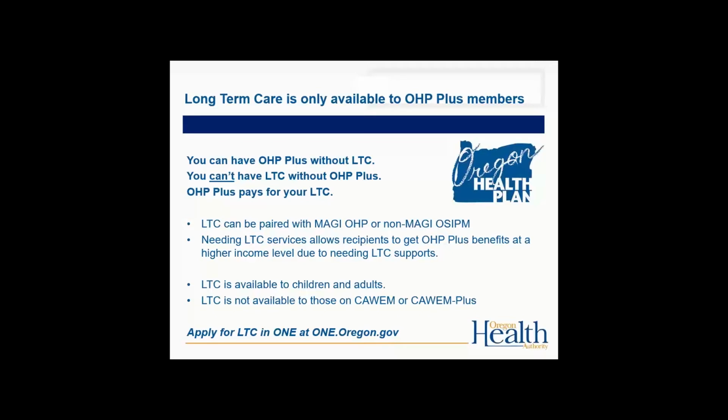Next one is, long-term care screenings seem to be slower than urgent OHP processes. If someone has urgent medical needs, would it be appropriate to answer no to being contacted by LTC so they could go through the MAGI urgent processes, then update the application later to be screened for LTC?